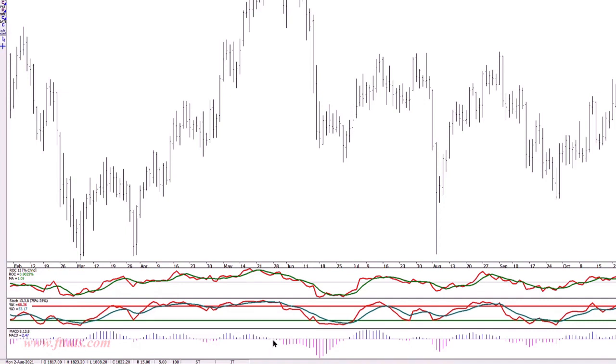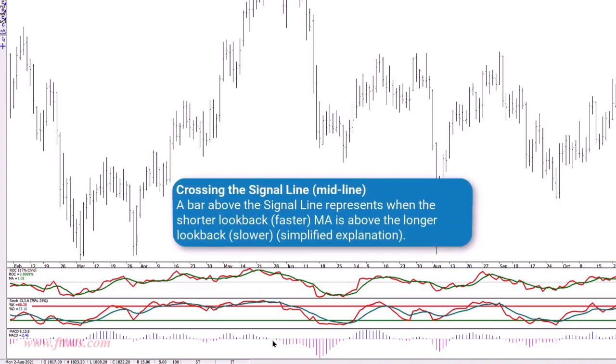What does it mean when it crosses below the midline? Well, it means that the moving averages have crossed. The slower one has crossed below the larger one. And there have been whole books written about how to use the MACD to identify probable continuation of the trend, and warnings of when a trend may be in a position to either reverse price or at least slow down in price.